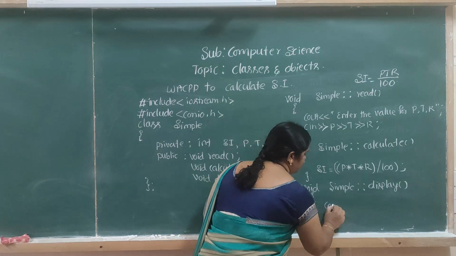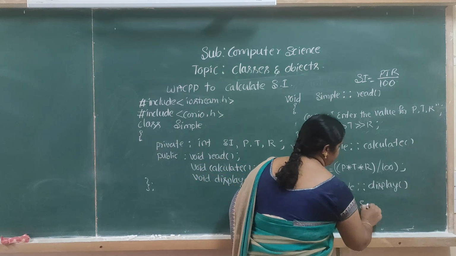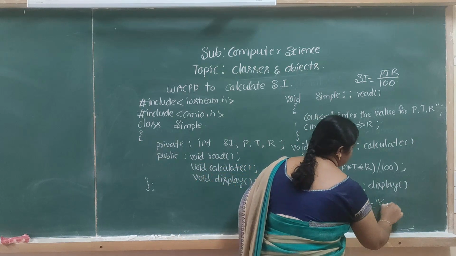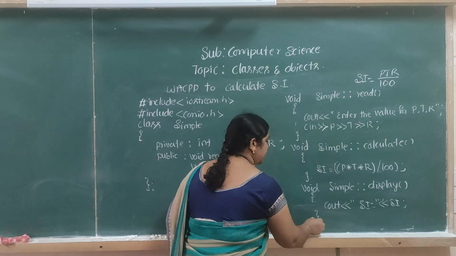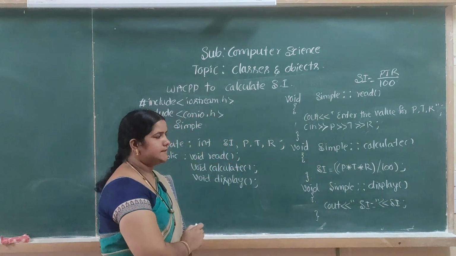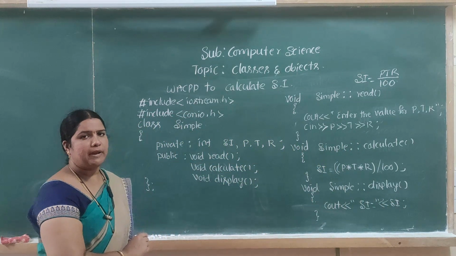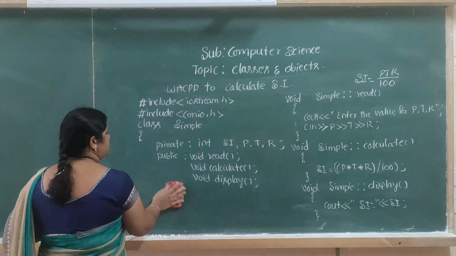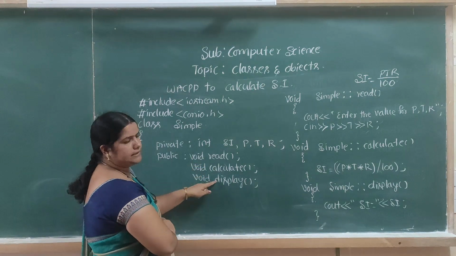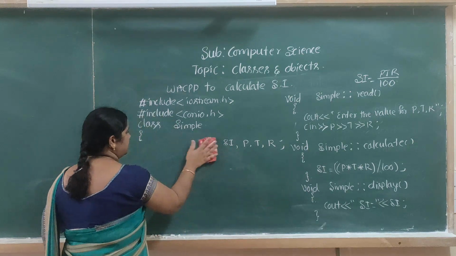Next, cout SI equals SI, and the closing brace. This is the class declaration. Finally, write the main function. This example contains three member functions: read, calculate and display.